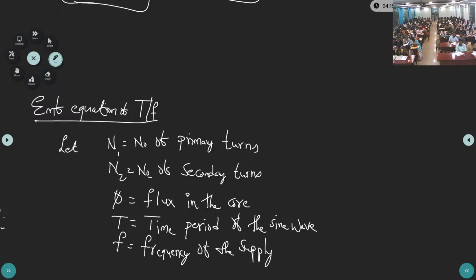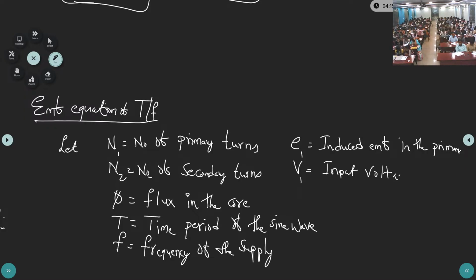And E1 is the induced EMF in the primary, V1 the input voltage, E2 the secondary induced EMF, V2 the output voltage.